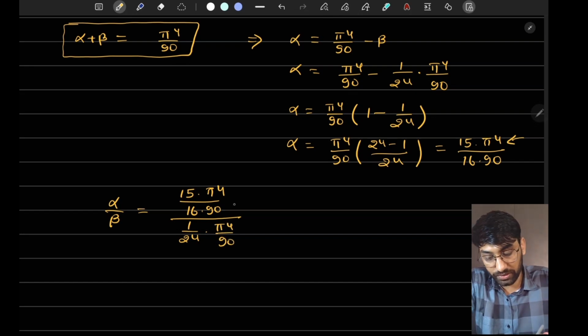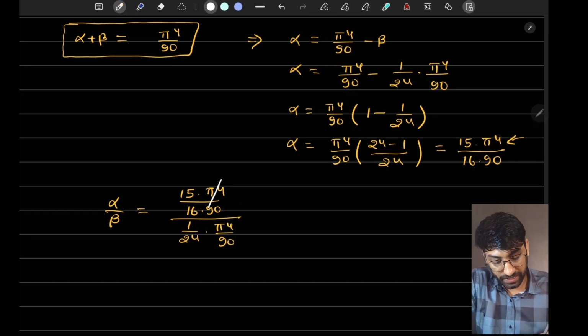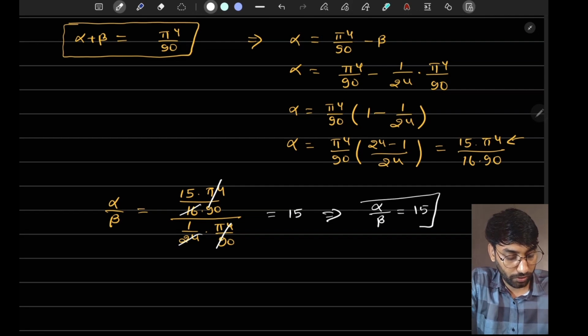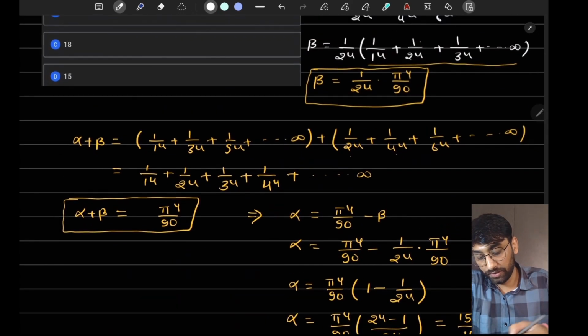So if you closely observe here, pi power 4 by 90 and pi power 4 by 90 cancel, and 2 power 4 which is 16 and 2 power 4 which is 16 cancel. So I will get overall value as 15. So from here we can say my alpha by beta is nothing but 15. Okay. This is what I wanted to find. Correct.